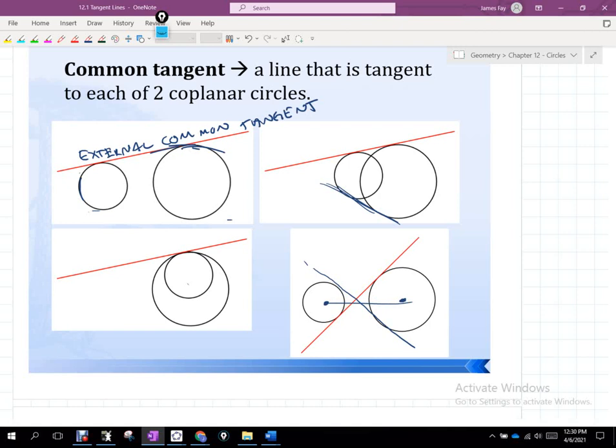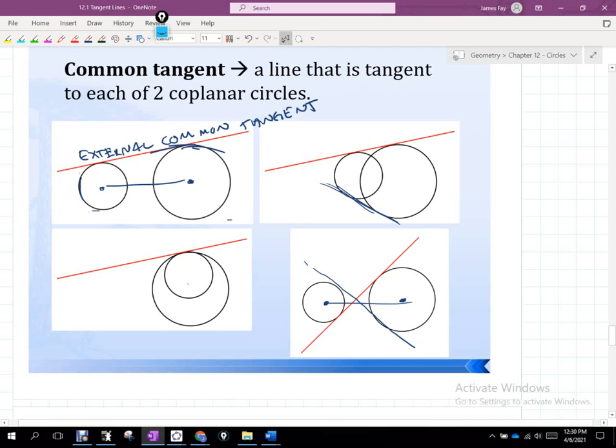An external tangent will not cross that imaginary line. Okay? So if I look here and make that imaginary line right there, does the external tangent cross it? No. Okay? So that's how we decipher internal or external.